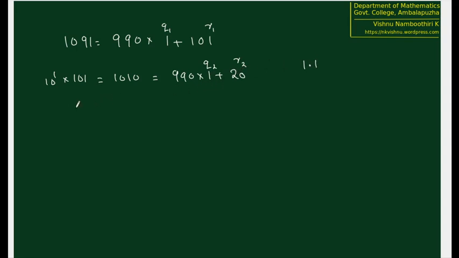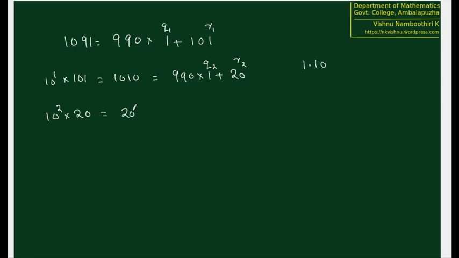Therefore, now the remainder is 20. So if you multiply 20 with 10, that is not going to be a multiple of 990. So we need to multiply with a higher power. So 10 to the power 2, if you multiply, that's 100. So it is 2000. So we need to multiply with 10 square. So we will put a 0 here.